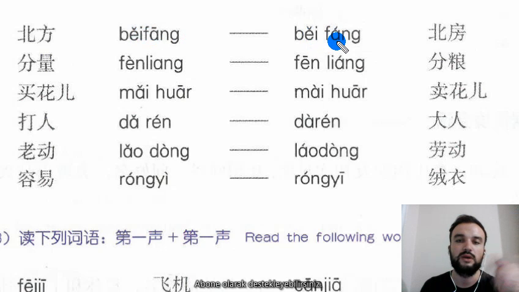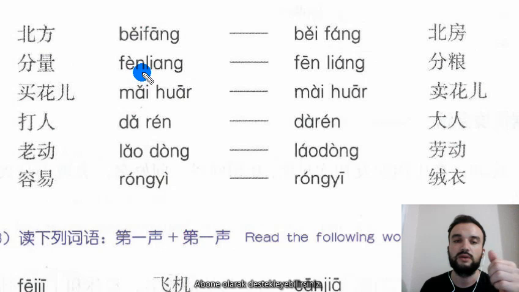Here third tone and second tone, again half third tone here. 北方, 方. Here 方, second tone. 北方,北方, like this.